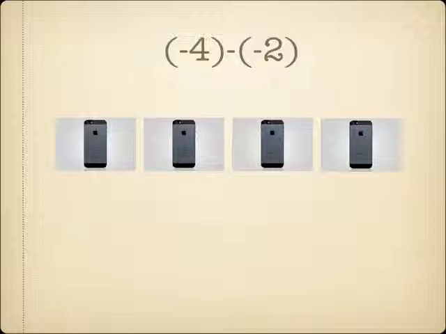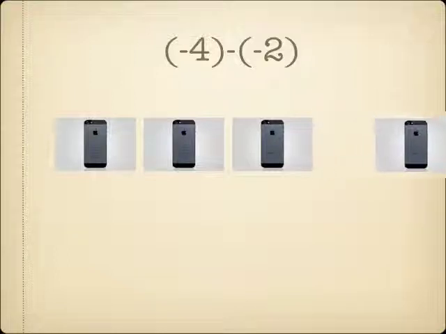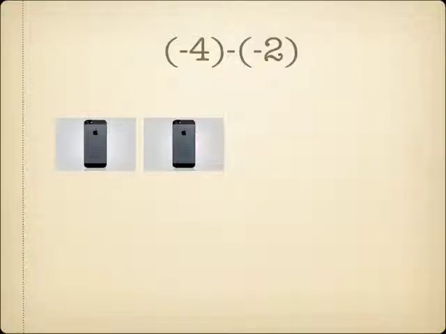So then our real question would be -4 plus 2. So that basically means 4 minus 2, but with a negative. And then we just take them out, and then we would have -2 as our final answer.